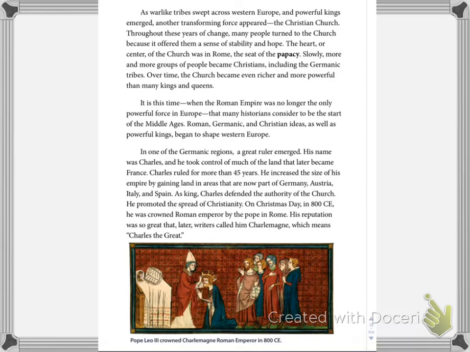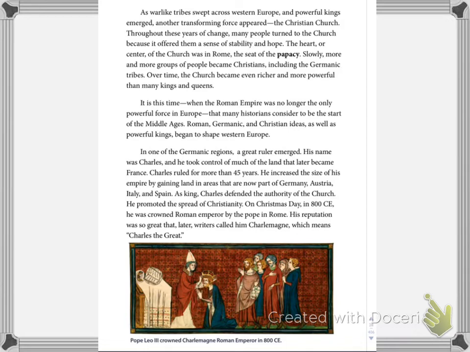Roman, Germanic, and Christian ideas, as well as powerful kings, began to shape Western Europe. In one of the Germanic regions, a great ruler emerged. His name was Charles, and he took control of much of the land that later became France. Charles ruled for more than 45 years. He increased the size of his empire by gaining land in areas that are now part of Germany, Austria, Italy, and Spain.